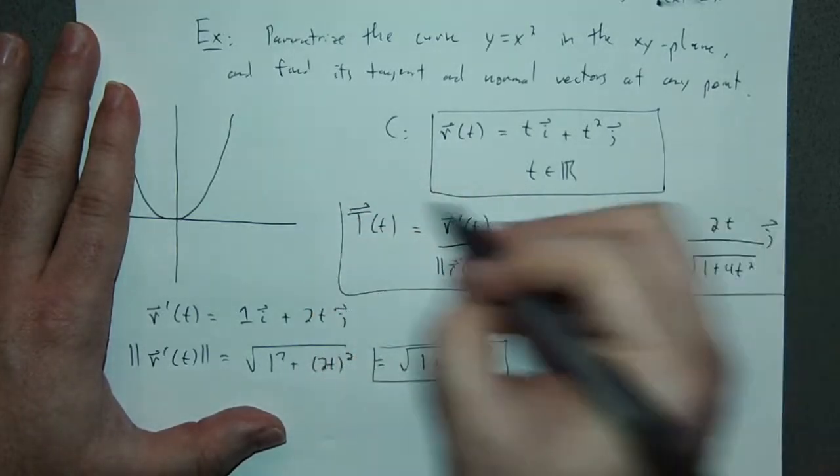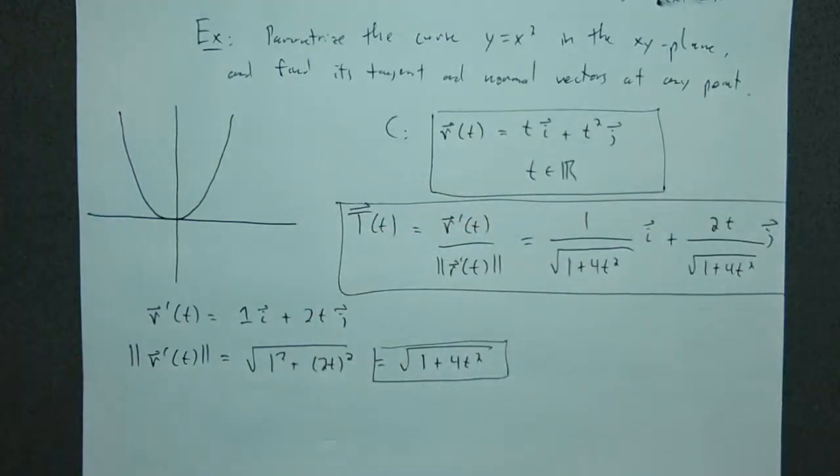Okay, so there's my tangent vector. Oh no, this is suddenly not looking too good. That's just the tangent vector for this very, very simple curve. It doesn't get more simple than this, yet the tangent vector is this thing.